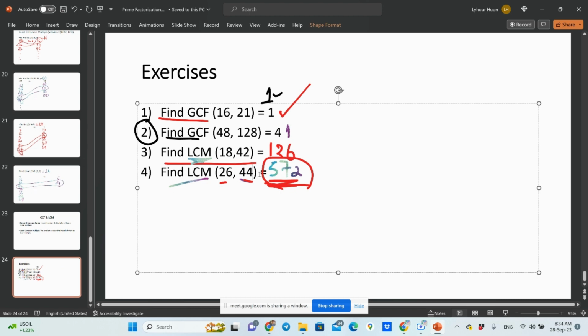Okay, so next one, let's say find the GCF and LCM of 36 and 77.